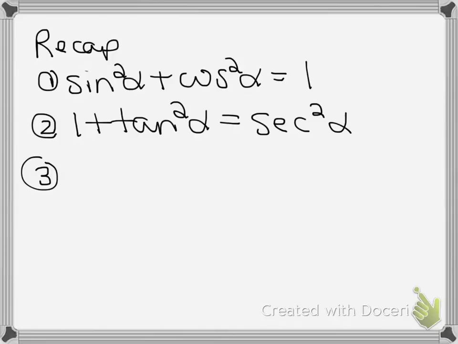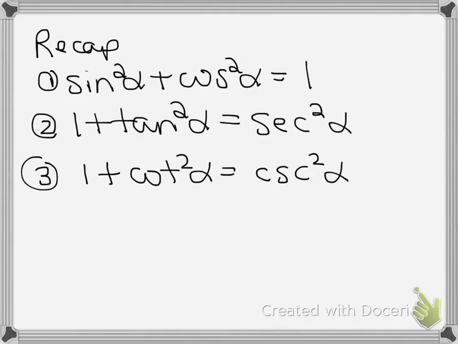And 3, 1 plus the cotan squared equals the cosecant squared. Notice everything is squared, okay?